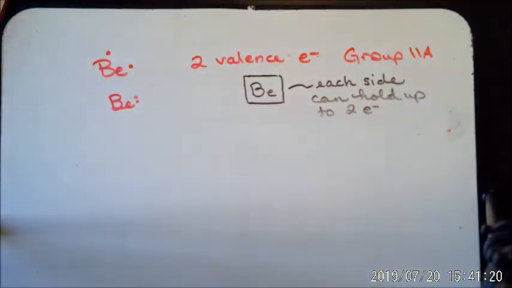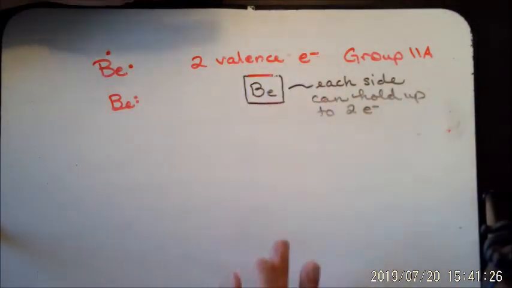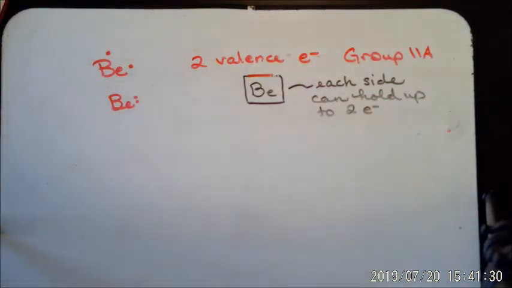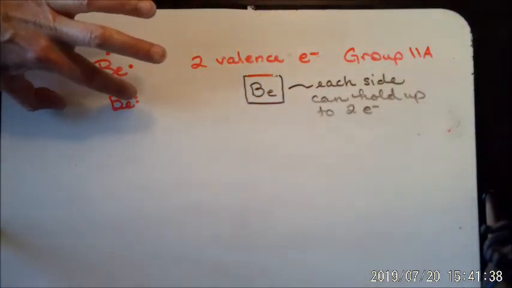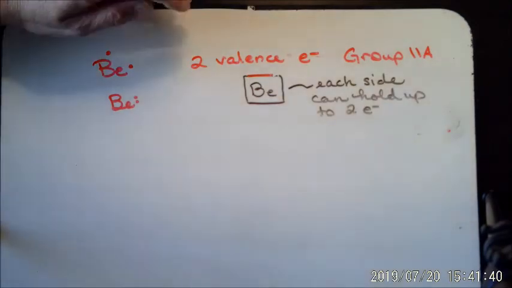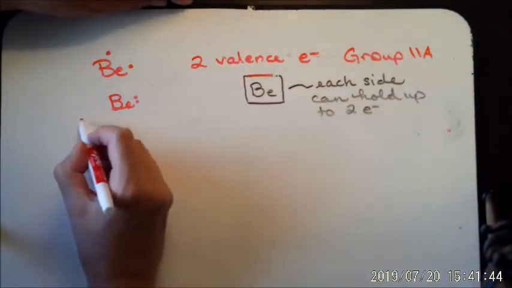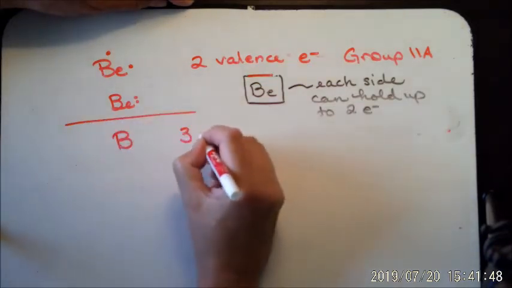Don't put more than that. Now, some people say, oh, I have two, so I'll just draw a bar. And generally, that's used, but it's much older nomenclature. And personally, I would like you to use the dots. It takes a little longer, but then you can count. This stands for one lone pair, which means it stands for two valence electrons. Okay? So, from beryllium, boron has three valence electrons.